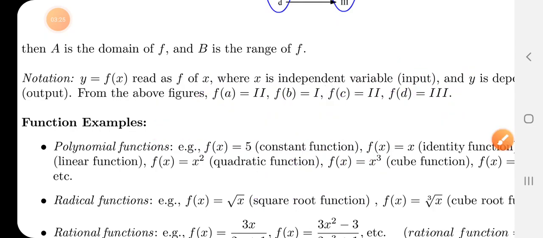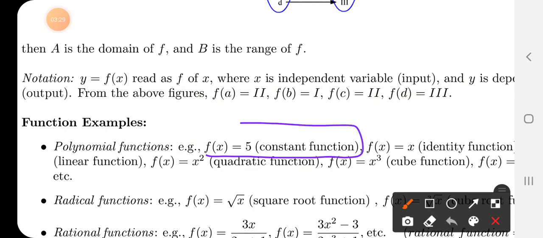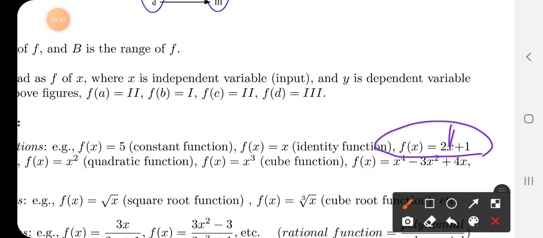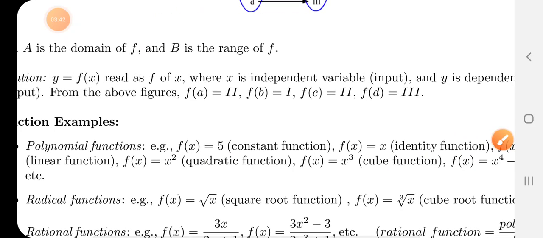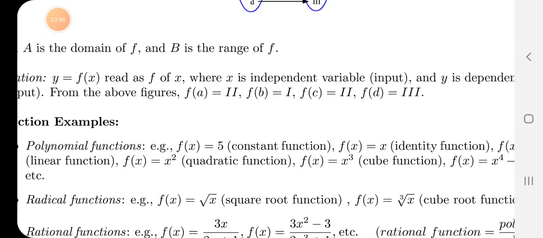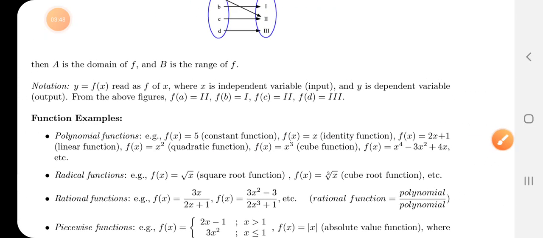So there are different kinds of polynomial, like constant polynomial, a constant function in which you do not have any variable, identity function in which the input and output are the same, then linear function in which the power of x is 1, quadratic function in which the power is 2, and then cubic function the power is 3, and similarly any other polynomial like power 4.